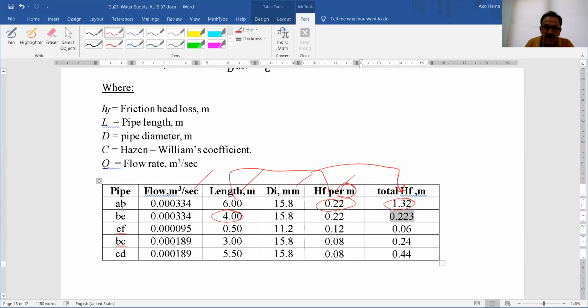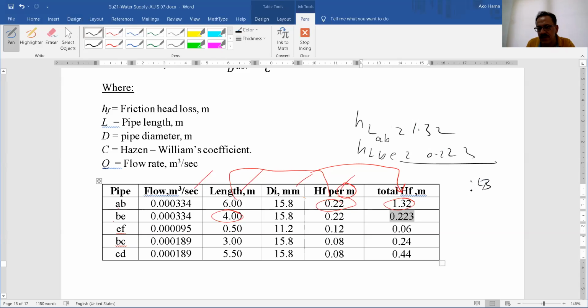Now the head loss from A to B is equal to 1.32, and the head loss from B to E is equal to 0.223. So the total is equal to how much? 1.643. So this is the total head loss from A to E.